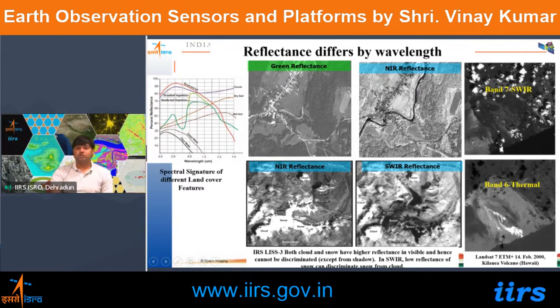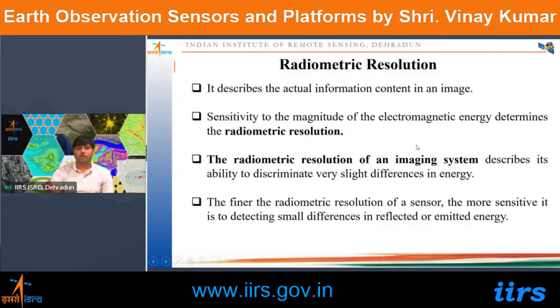Now coming to the short wave infrared and thermal infrared band, here you can see the molten lava coming out of the volcano is clearly appearing because of the high temperature, but it is not visible in the short wave infrared region. Now coming to the radiometric resolution, it describes the actual information content in the image.